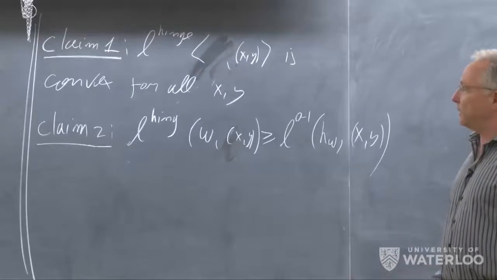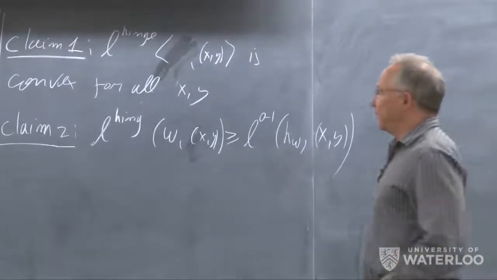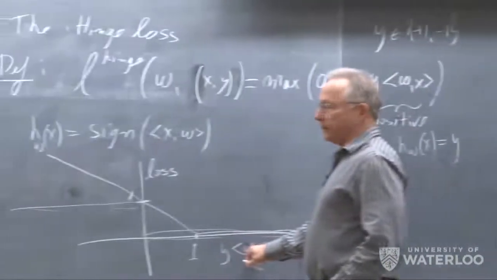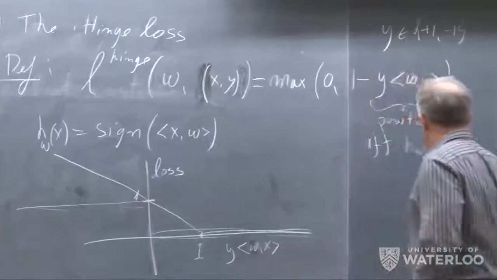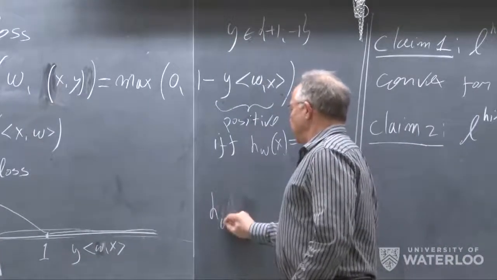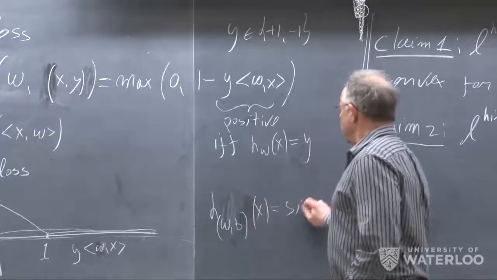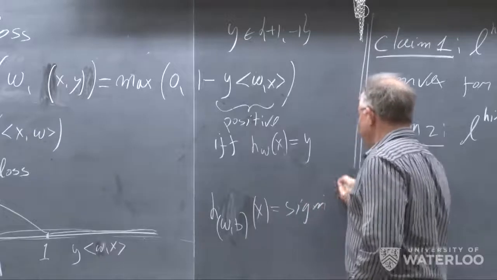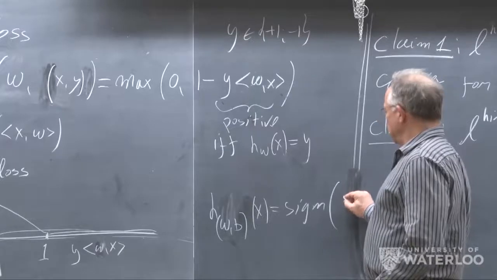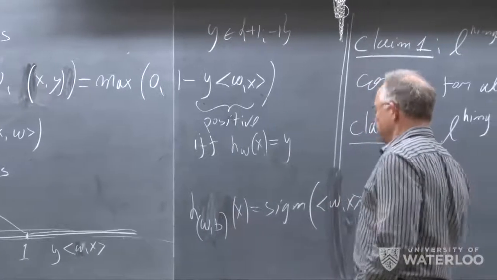And just note that in all this discussion, I can add here a b, and it'll be the same thing. So I can talk about the loss of not just homogeneous half spaces, but half spaces that look like h of x, h w,b of x, which is the sign of w dot product with x plus b.